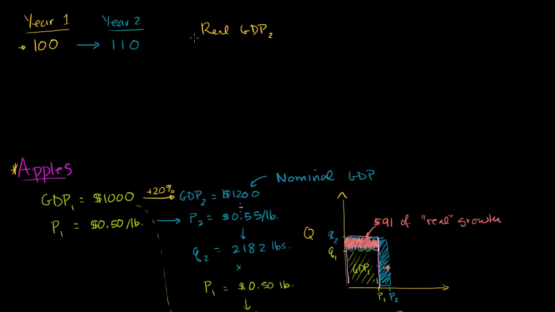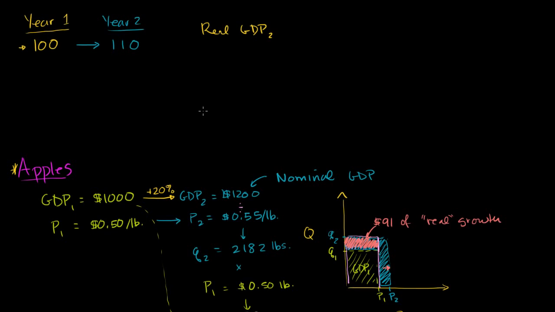So in this example, we'll think about real GDP in year two in terms of year one dollars. So whatever were the goods and services that were produced in year two, we're going to think about, well, what if they were at the same prices as in year one? And that will give us the real GDP in year two.